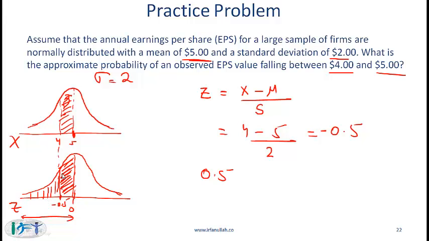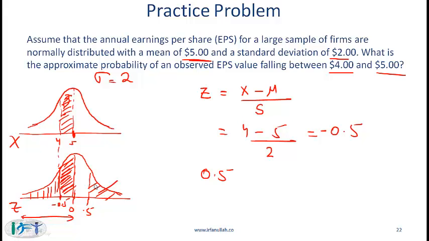The probability to the left of minus 0.5 can be determined using the probability table. And again, we use the fact that the distribution is symmetric. If the table you are looking at doesn't have minus 0.5, you can find the cumulative probability for plus 0.5 and then subtract that from 1 to come up with this probability.